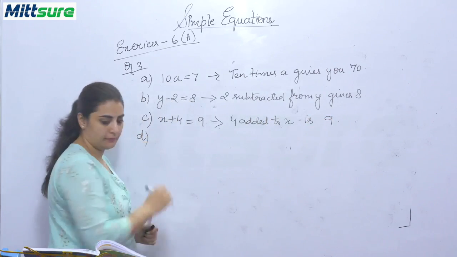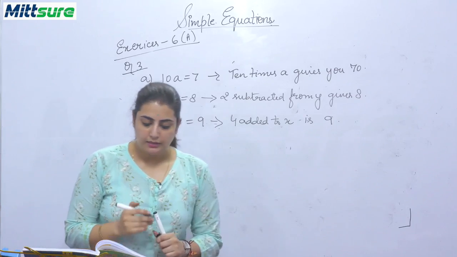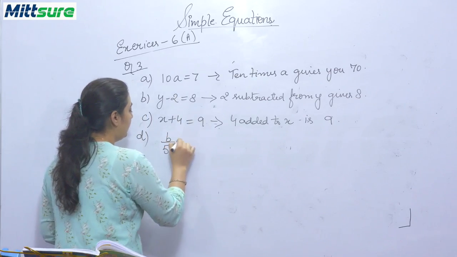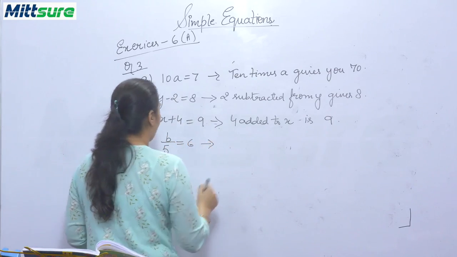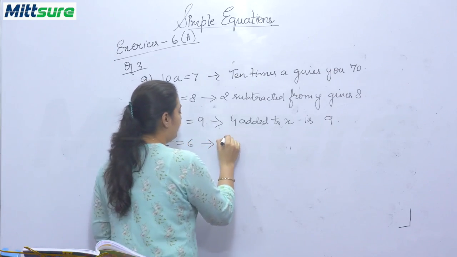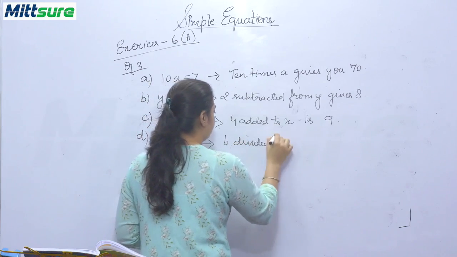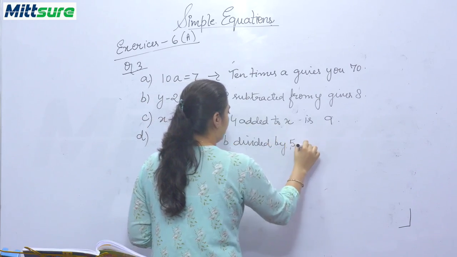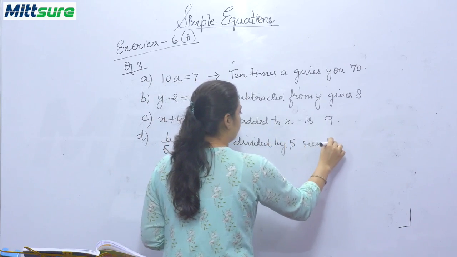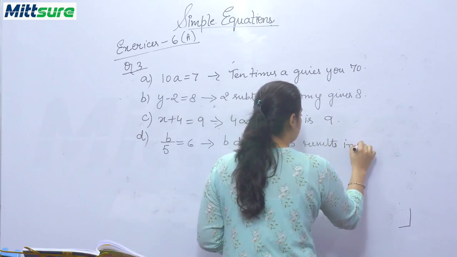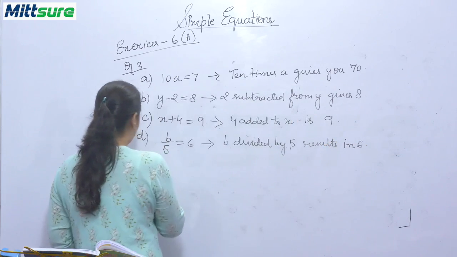D part says b upon 5 equals 6. b divided by 5 results in 6.